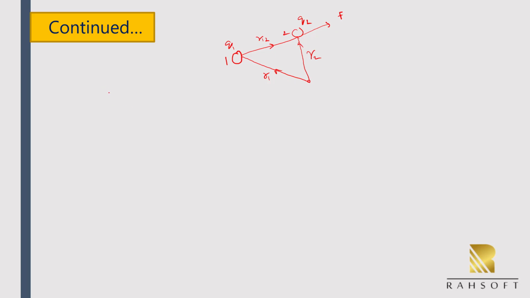So you can write the unit vector aR equal to R12 divided by the modulus of R12. It is a unit vector from Q1 to Q2. So you can write R12 as R2 minus R1, divided by the modulus of R2 minus R1.